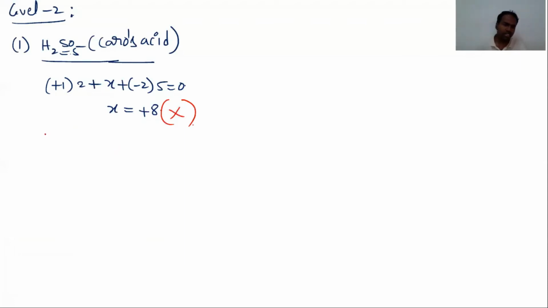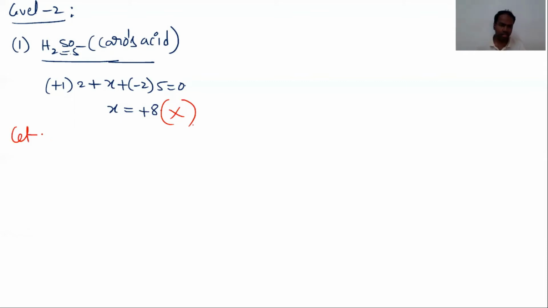So when you get an oxidation state more than the maximum oxidation state, +8 not being possible for sulfur, +6 only maximum, then there is a method.